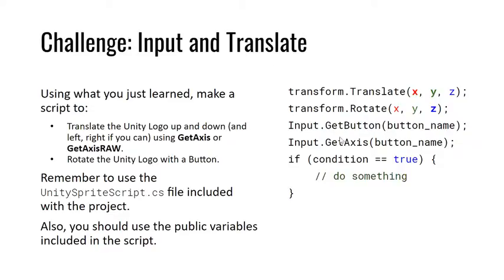So you would use these functions, transform.Translate, like how I showed you earlier, Input.GetAxis for the translate, and for the rotation part you would use GetButton and transform.Rotate. So you should start. And if you need help, I'm here.